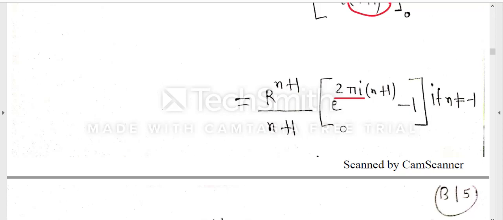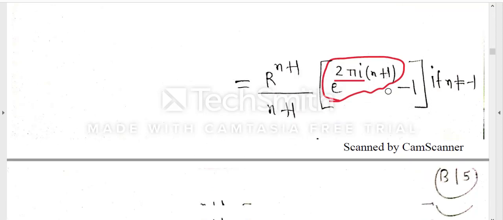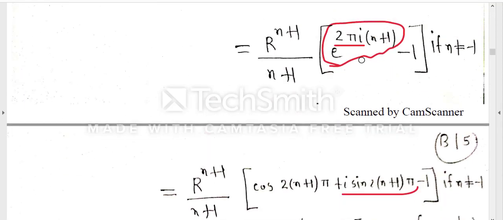Now using Euler's formula, we know that e raised to i theta is cos theta plus i sin theta. So here theta is 2 pi into (n plus 1). So using Euler's formula we can write cos 2 times (n plus 1) pi plus i sin 2 times (n plus 1) pi minus 1.